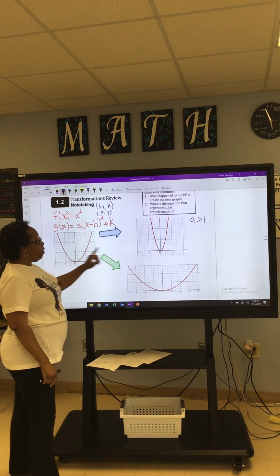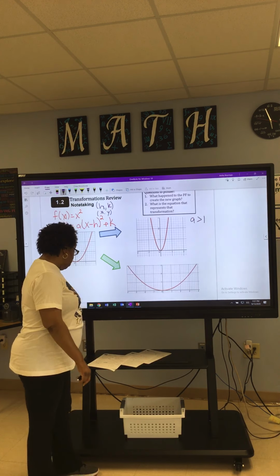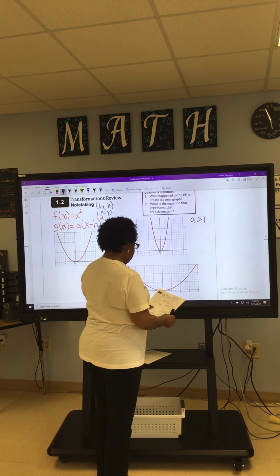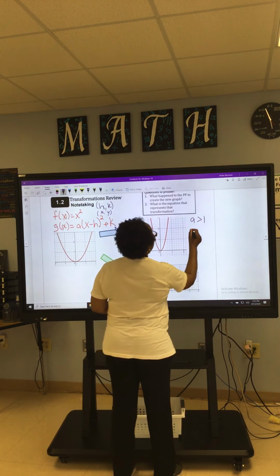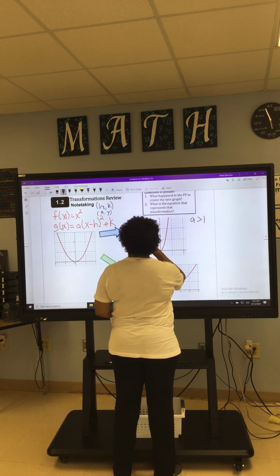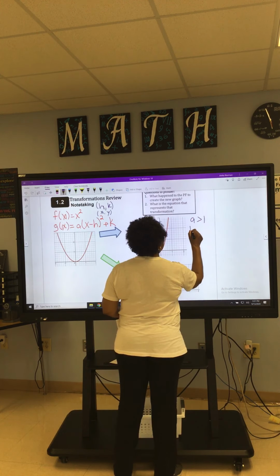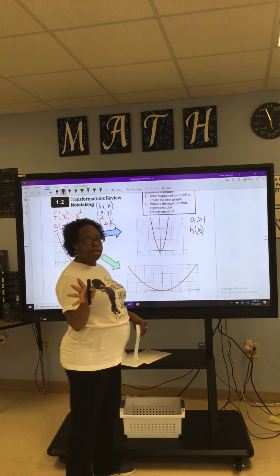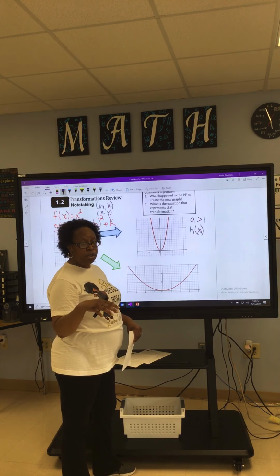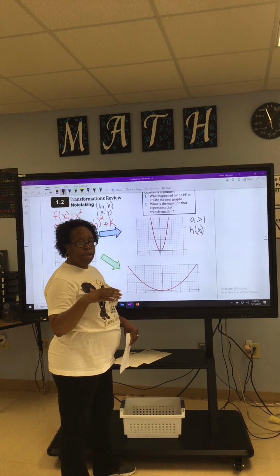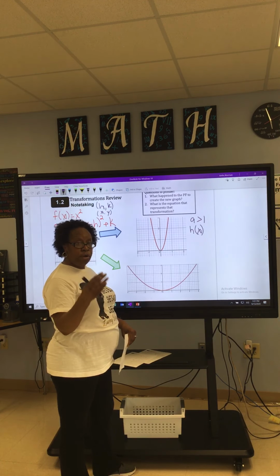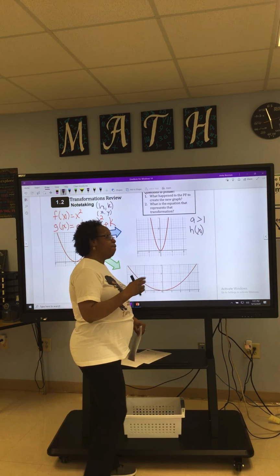So when it gets bigger, it starts getting more narrow. We could call this one g of x, so we're going to call this one h of x. And these are just different names for functions. It's no big difference. g of x, f of x, j of x, b of x. You can name them with different letters. It indicates a different function representing a different graph, okay?